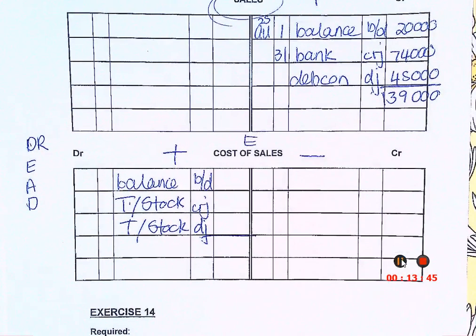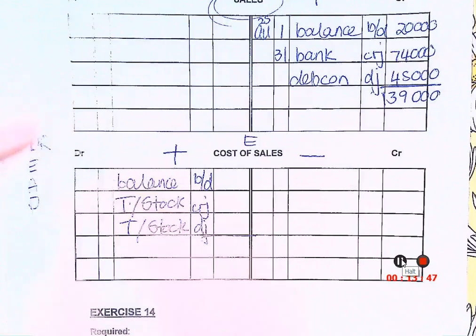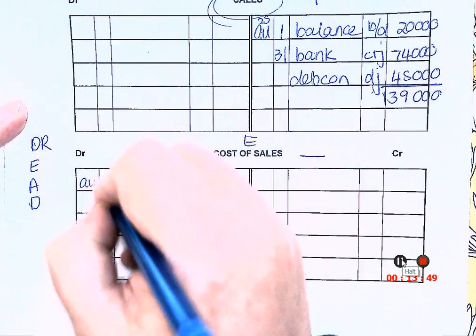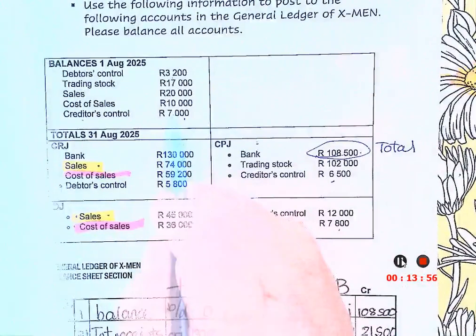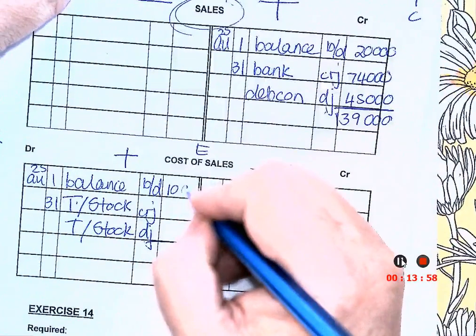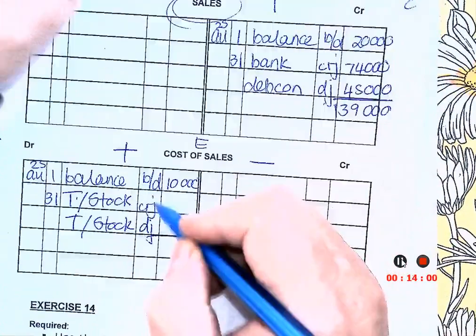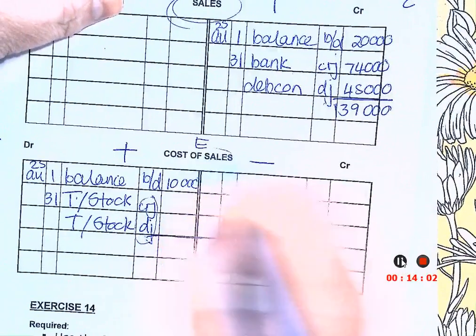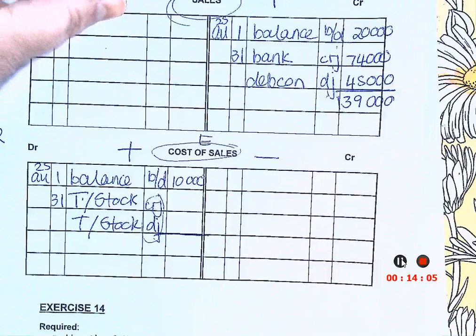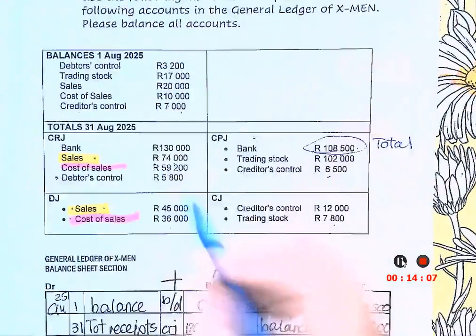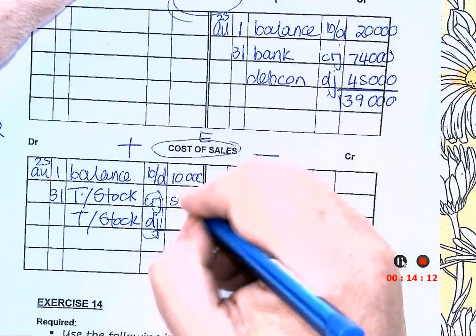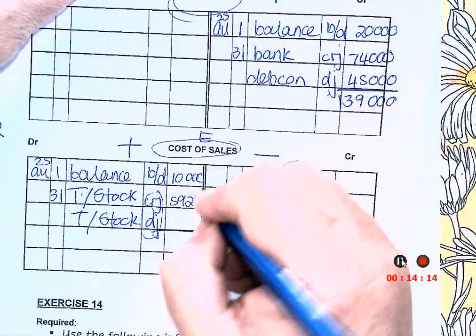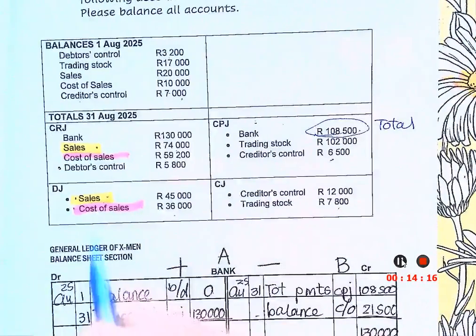Okay, so I know the balance is always on the first day, and the other ones are columns, so they're the last day. Cost of sales has got a balance of 10,000. Now, in the CRJ and the DJ, I'm going to look for cost of sales. So, CRJ, cost of sales, 59,200. DJ, cost of sales, 36.